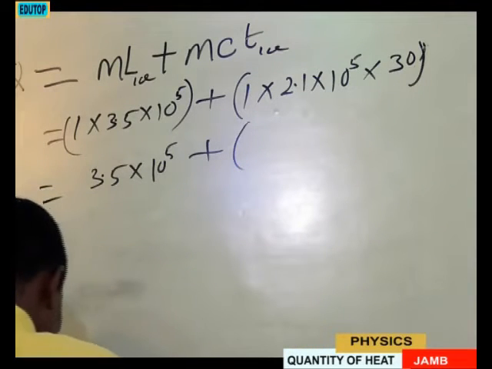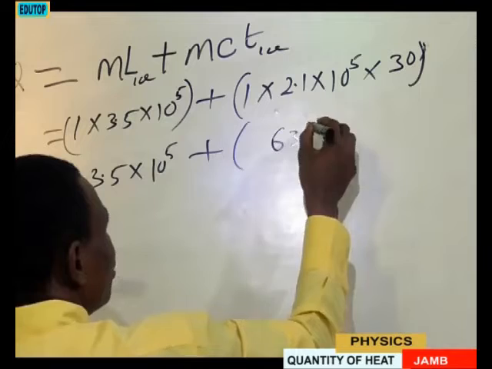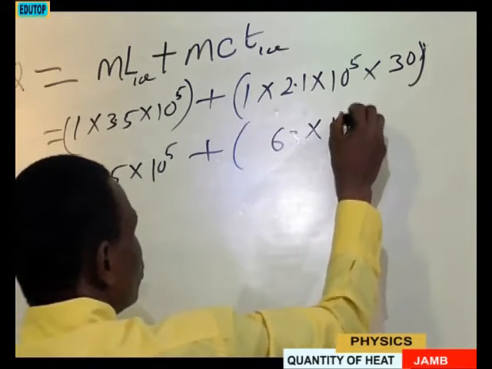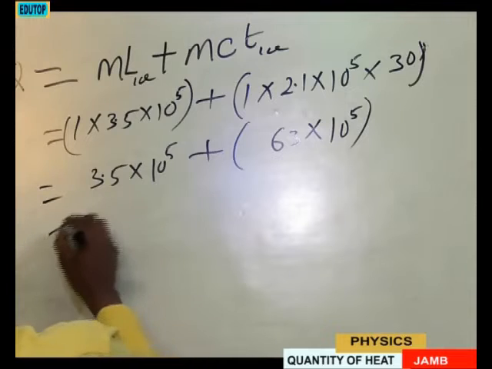Let's see what will be the value of that. 2.1 times 30 must give us 63, then times 10 to the power 5. We are adding this together.